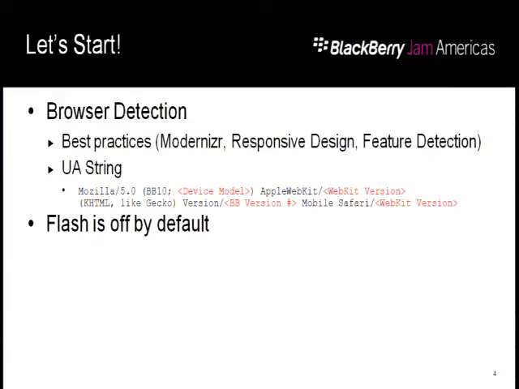So you can build an application that's a lot more dynamic, a lot more tailored to the browser that you happen to run in. And you can have web content that works well on BlackBerry 7, on PlayBook, and on BlackBerry 10.